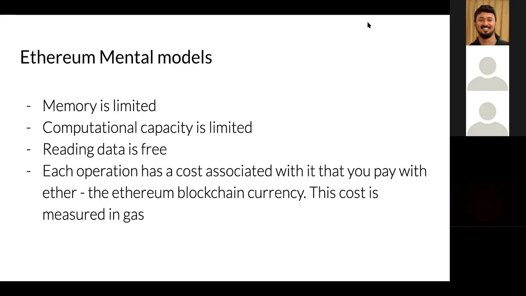Say you want to call a function, and that function has some statements written. Every operation has a cost associated with it, and the total of executing those instructions will be the gas fees you require to call that function.